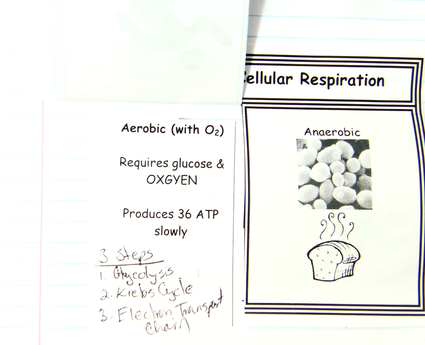So aerobic respiration takes a little bit of time, 3 different steps that it has to go through. Glycolysis.